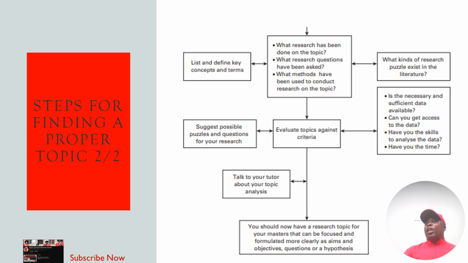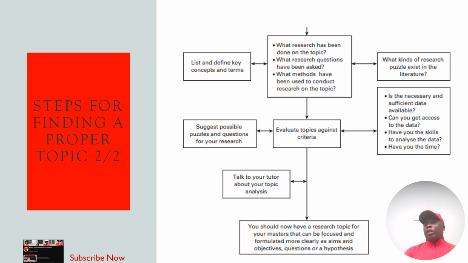Then research what research has been done on the topic. This is part of a literature review survey that you need to do. That is the biggest challenge with students. They want to come out with a topic, but they don't want to go and read. They just want a miracle.